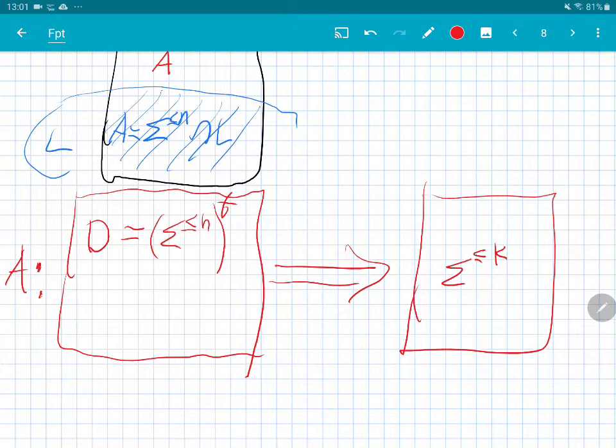That's what this OR distillator does. It takes a t-tuple and maps it into this.